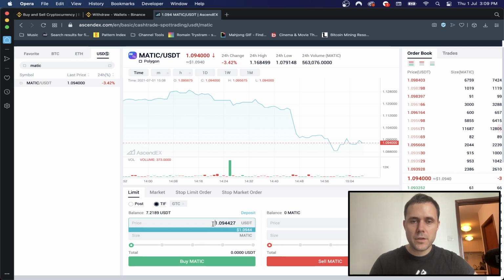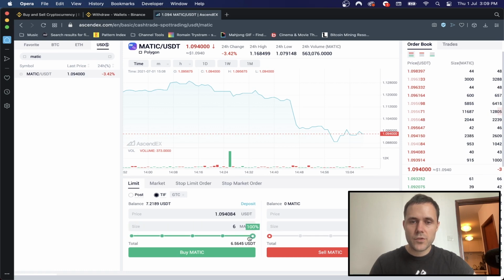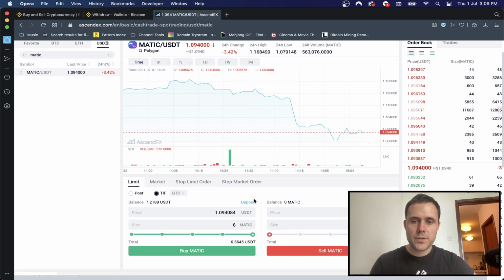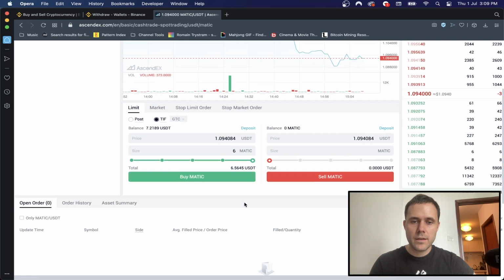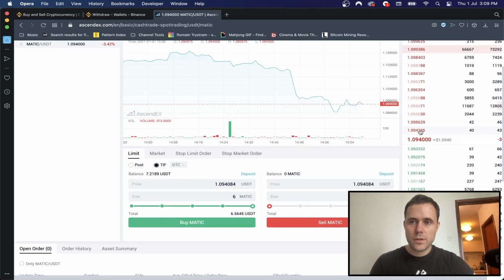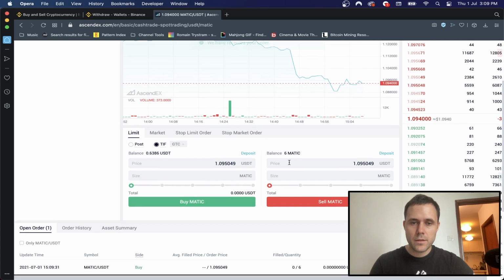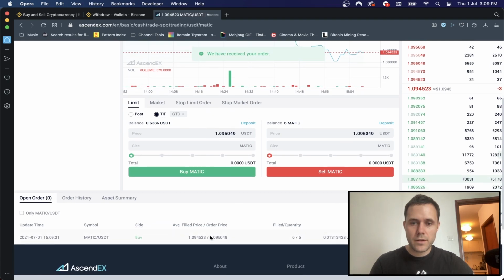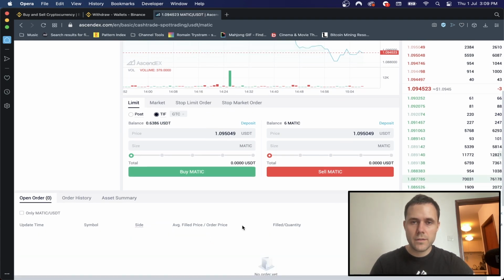You can make a limit order, or you can pick one of the cells in the order book, click here, and it will select the price down here. Then you can choose how much of your USDT you wish to buy, and then click buy Matic. And then your order should appear at the bottom. So let's do that now. If we pick this sell order, choose 100%, click buy, it appears here, and it should settle instantly.